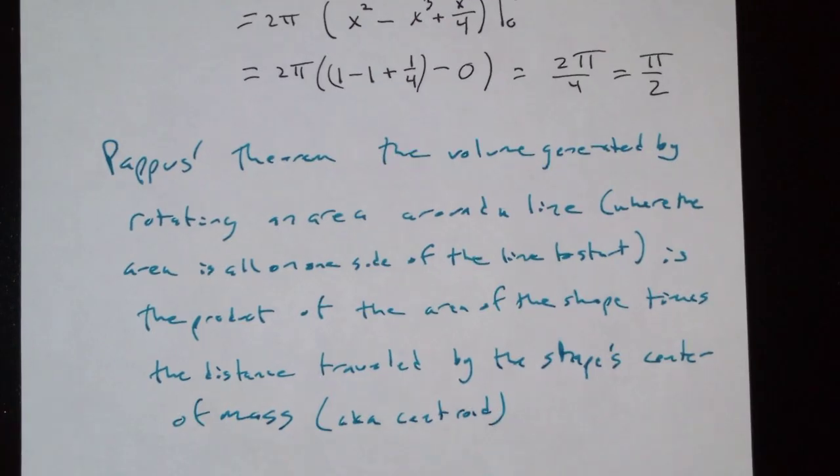And that centroid will travel in a circle, so I'll get 2 pi r times the area of the shape.